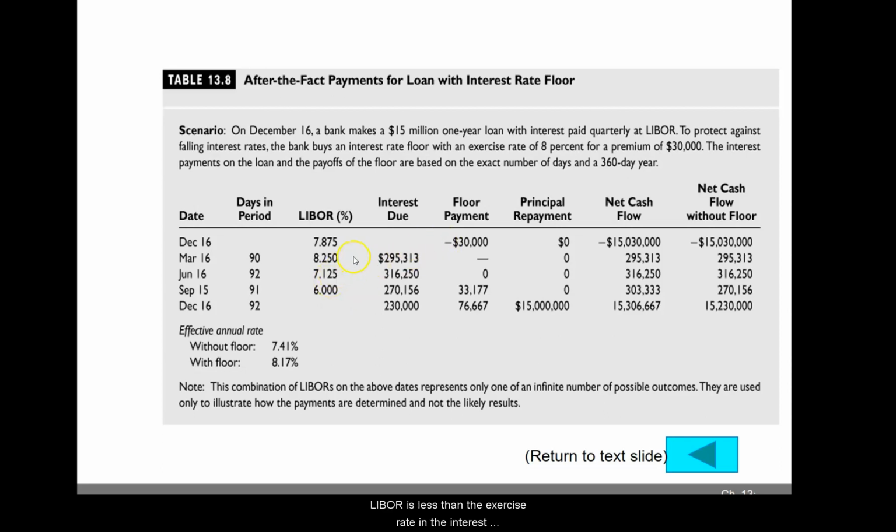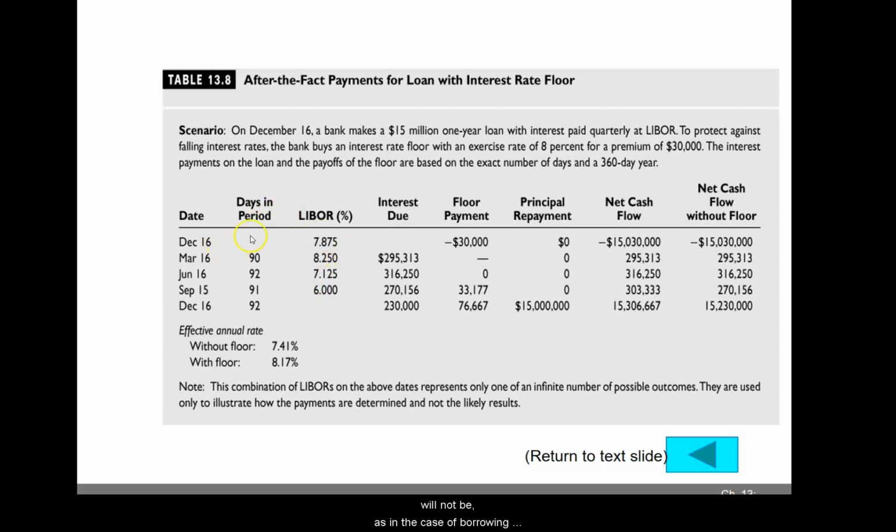So if the LIBOR is less than the exercise rate in the interest rate floor, which is 8% here, the floorlet will be in the money, and there will be a positive payoff. Otherwise, it will not be.